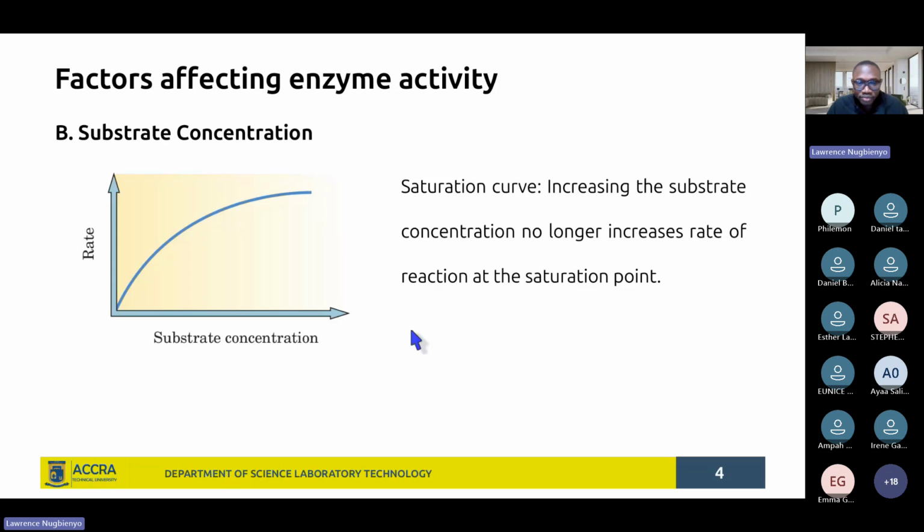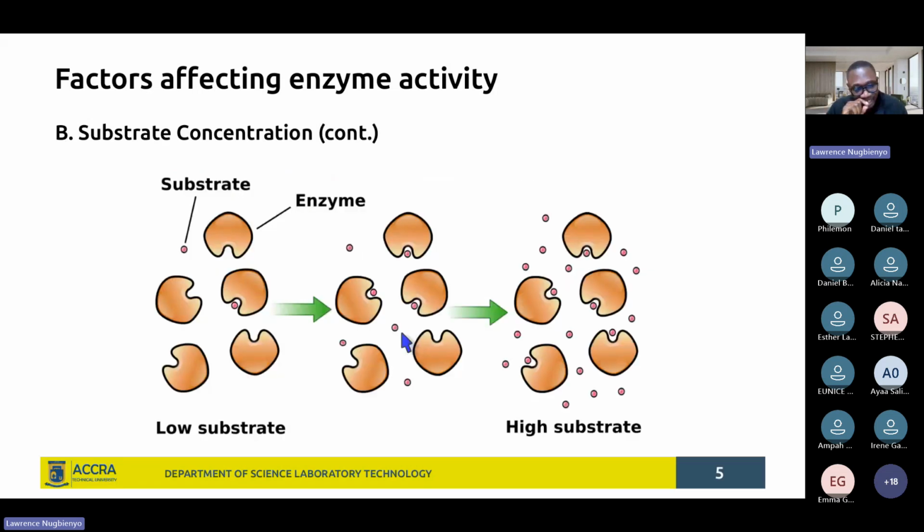Why that? Let's move to the next to have an understanding of why such a phenomenon. So if you look at the beginning of the reaction, what you see, the bean-like structure is depicting enzyme molecules. So these are enzymes, and you have substrates, which is these pink spheres.